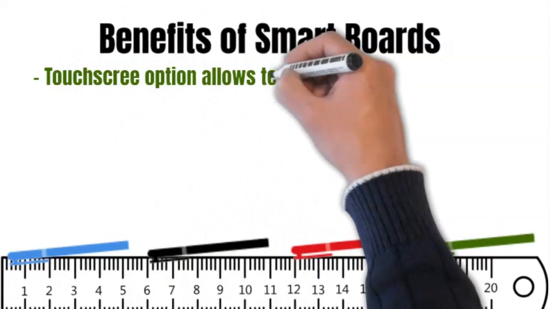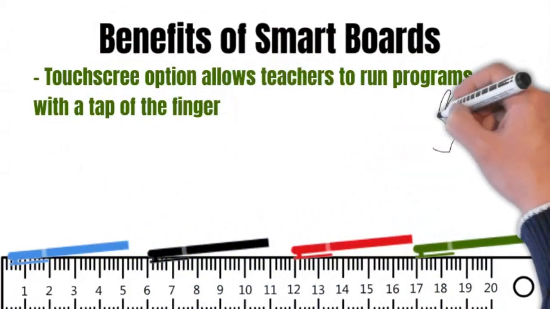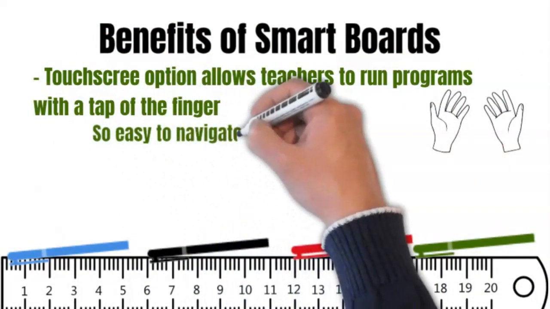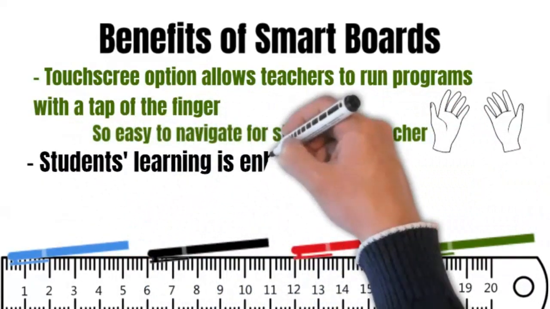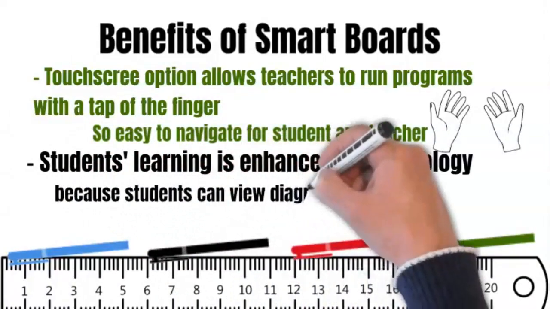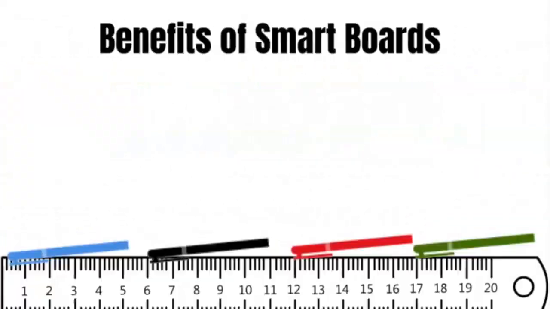The touchscreen option allows teachers to run programs with just the tap of a finger, and that means it's easy to navigate for both you and students. Students' learning is enhanced by technology. The students can view diagrams, charts, videos, all on the big screen in front of them.